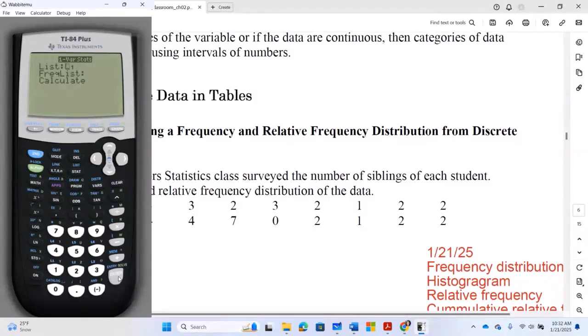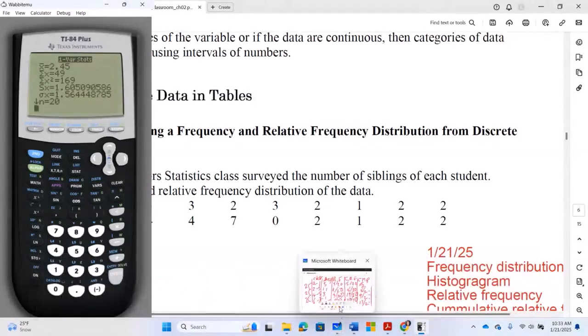I'm using the raw data because I know the raw data. Do you have a frequency column? No. So I'm going to calculate.